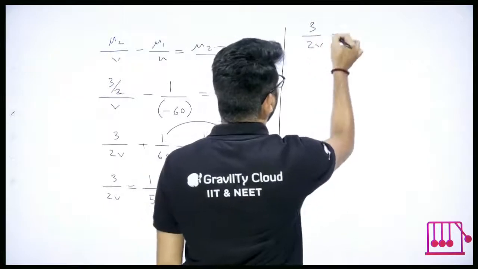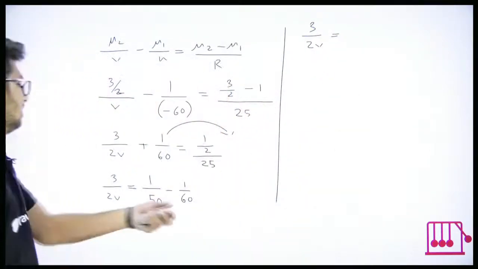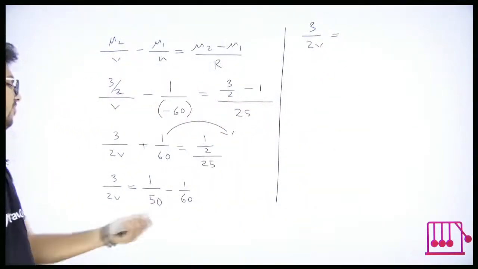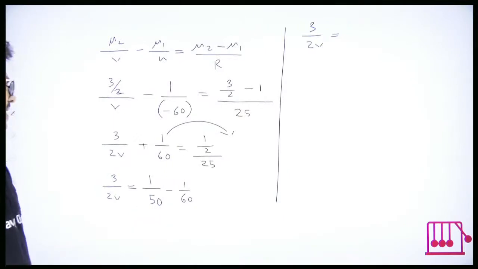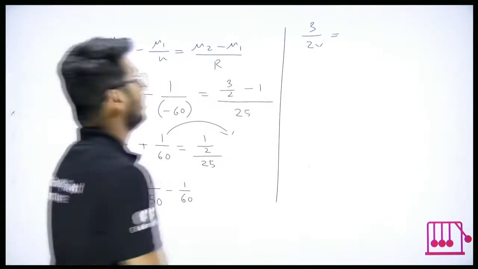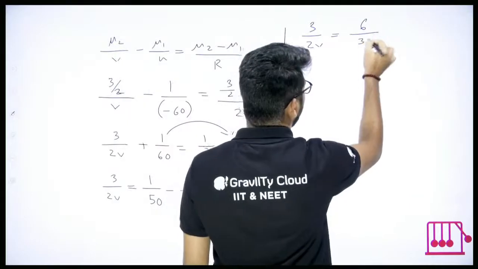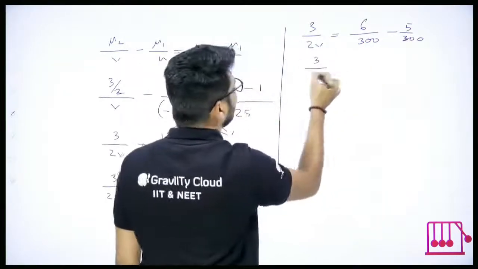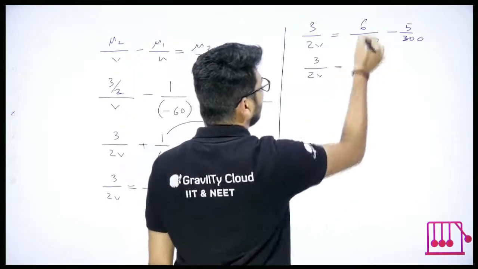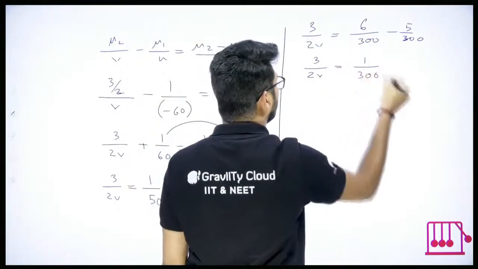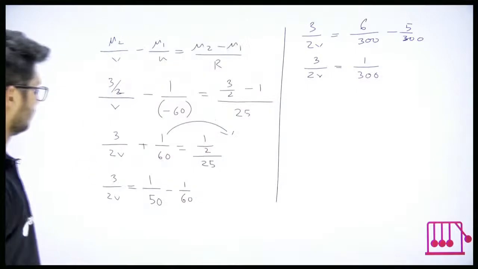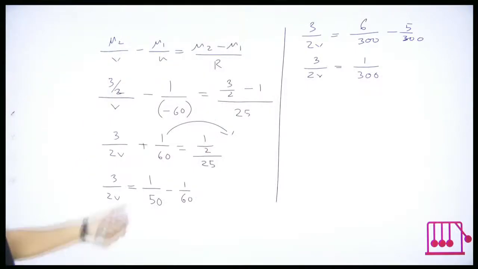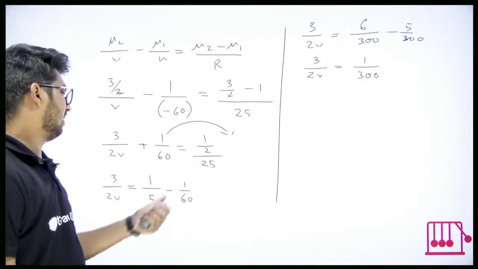If I take the LCM of 50 and 60, 5 and 6, 30, so it is 300. So it is 6 by 300 minus 5 by 300. So 3 by 2v is equal to 1 by 300.